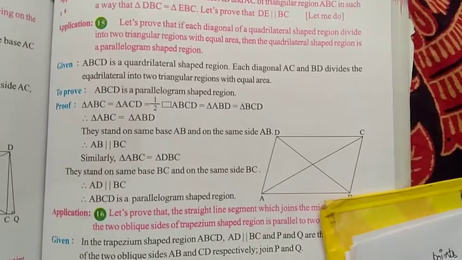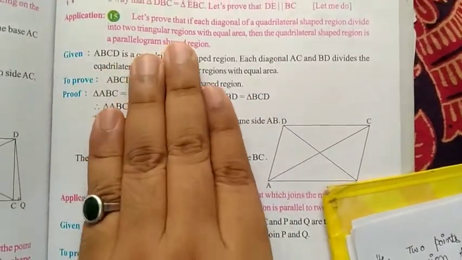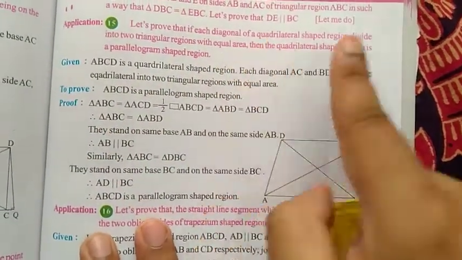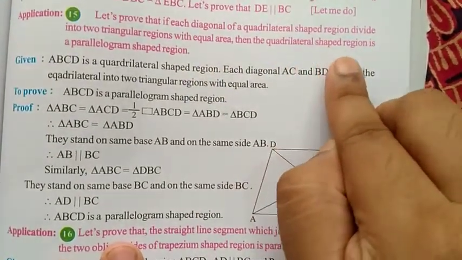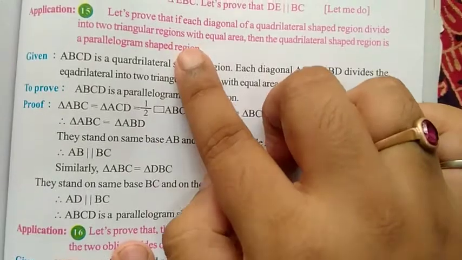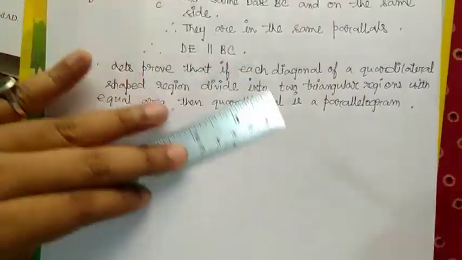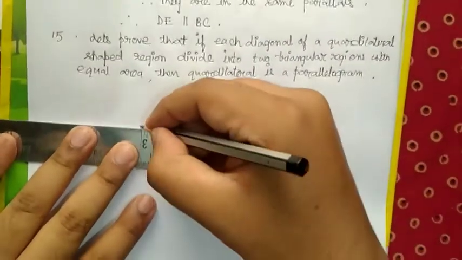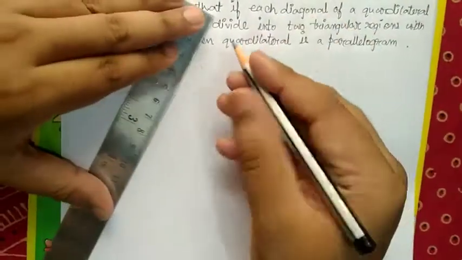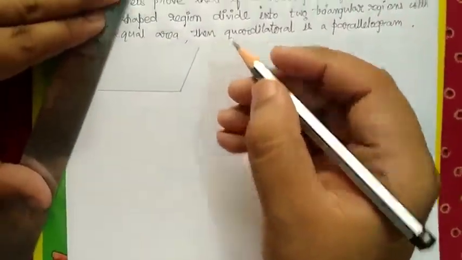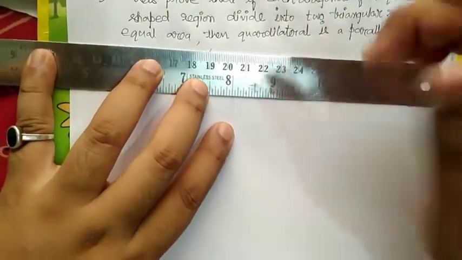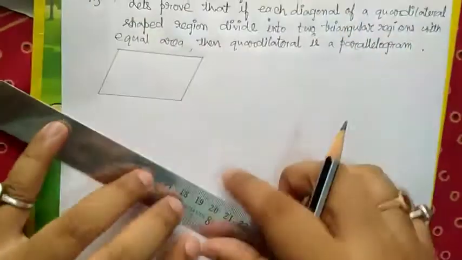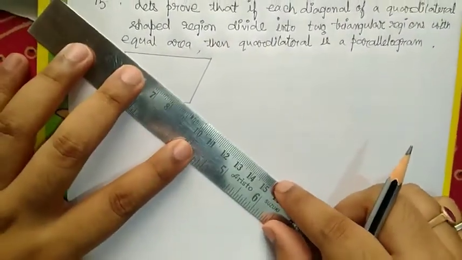This is application number 15. Let's prove that if each diagonal of a quadrilateral shaped region divides it into two triangular regions with equal area, then the quadrilateral shaped region is a parallelogram shaped region. So therefore, first of all, we have to draw the diagram and join those diagonals.